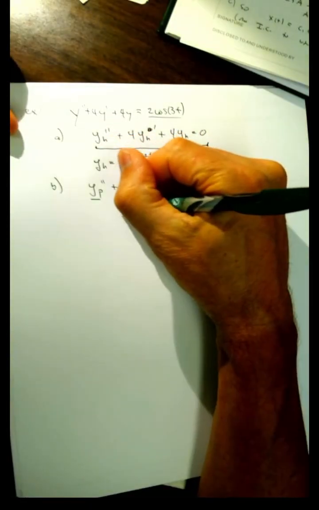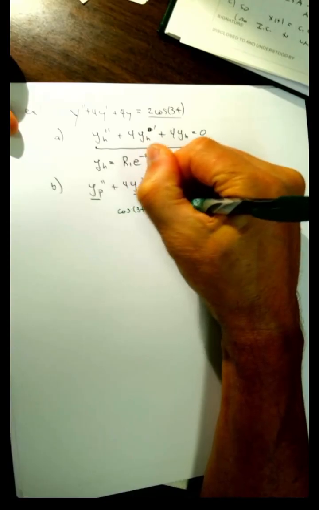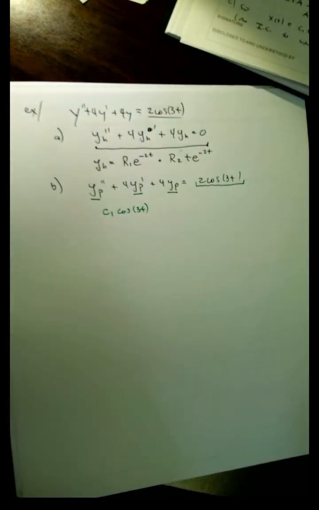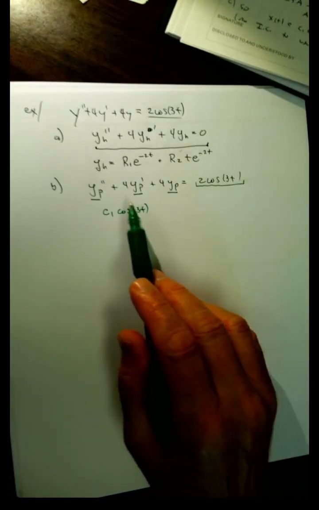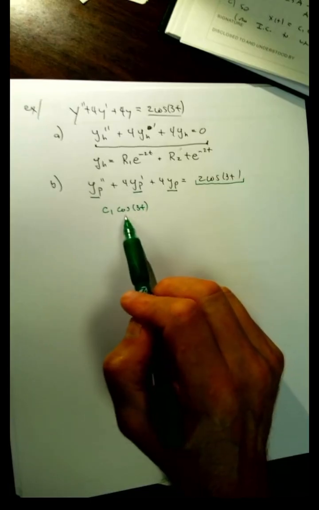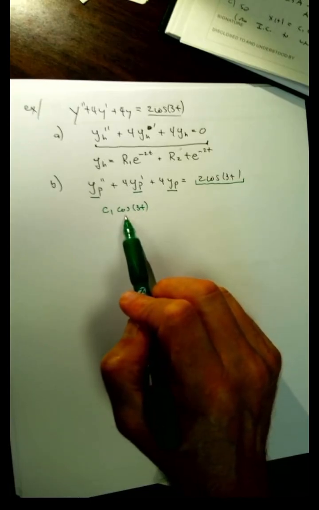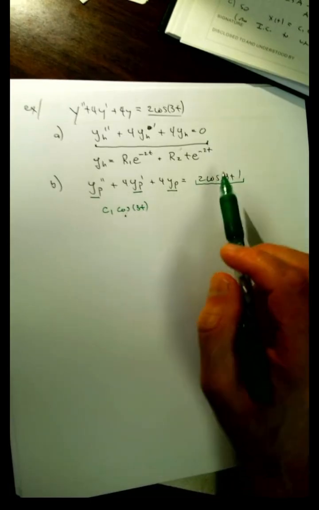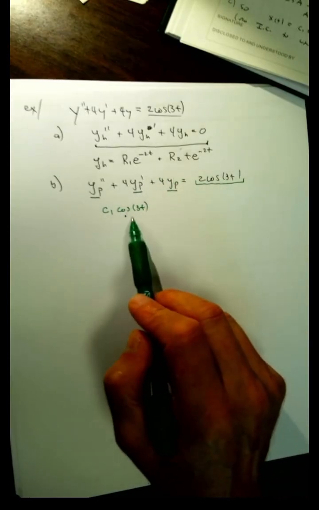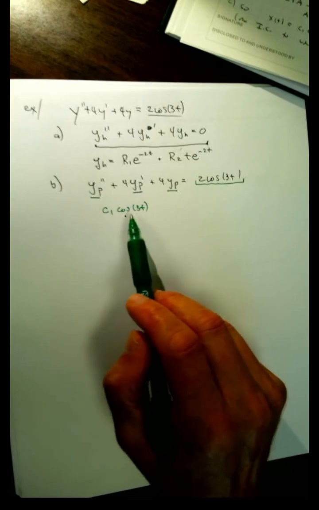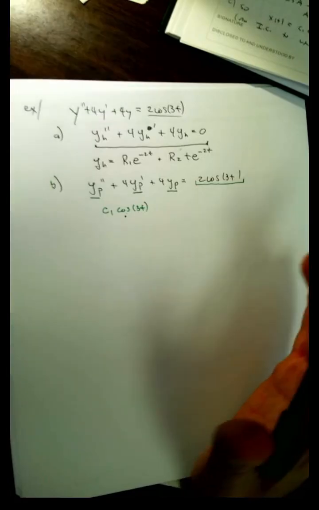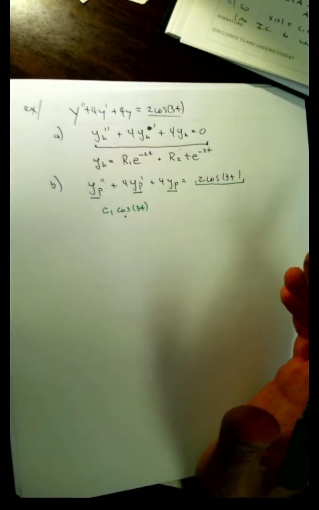You might guess it's something times cosine of 3t, because if I start taking derivatives, I'm going to get cosines. But notice the first derivative of this is going to be a sine. And if I take a derivative of a sine, I'm going to get a cosine. So it's possible that my solution has a sine in it. It might not, I don't know, but I have to consider that as a possibility.